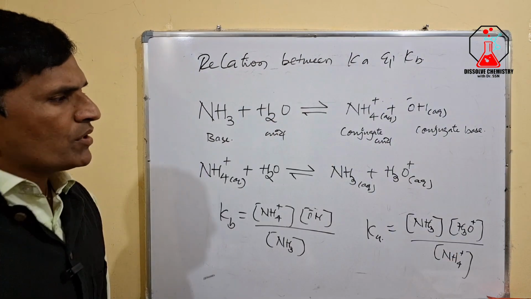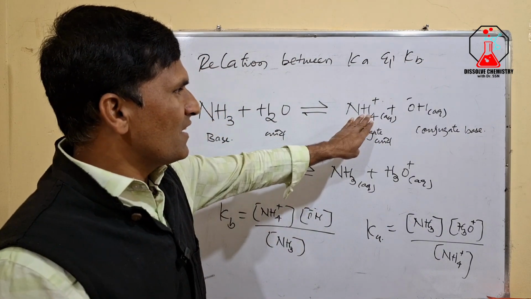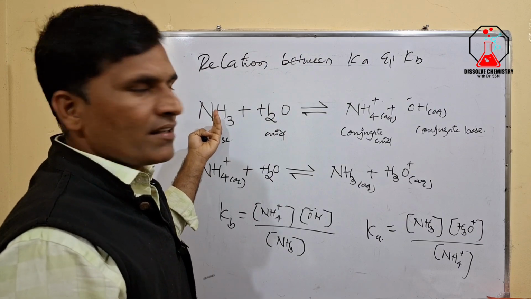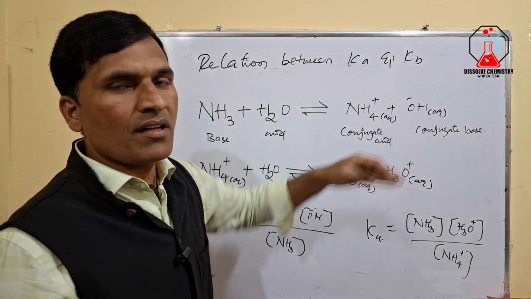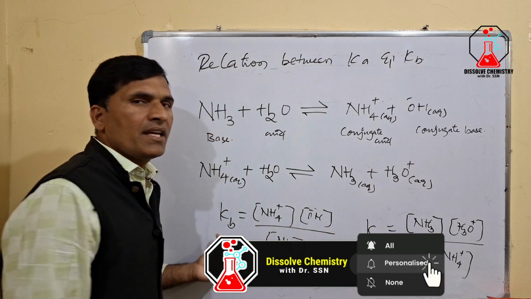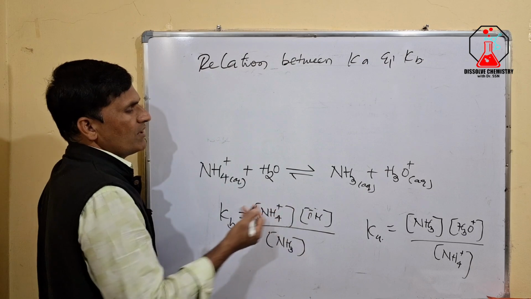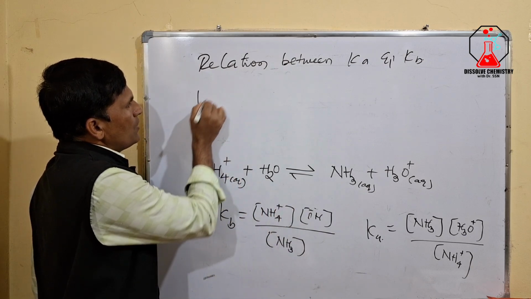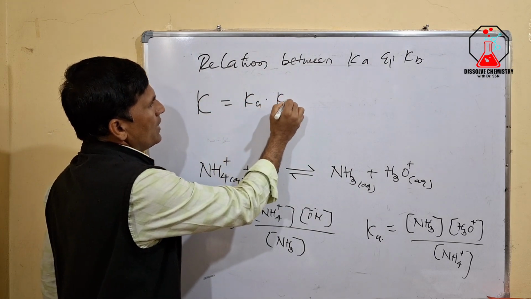Now at equilibrium, NH4 plus gives back the proton and gets converted into NH3, and NH3 accepting the proton to give the ammonium cation are equal. So these two constants are related at equilibrium, and taking the product of them, we get a new constant K which is equal to Ka into Kb.